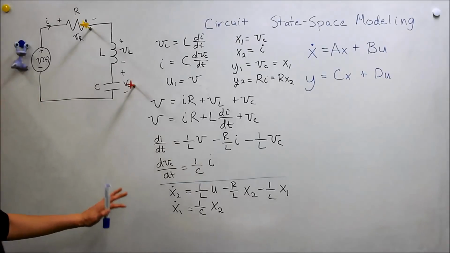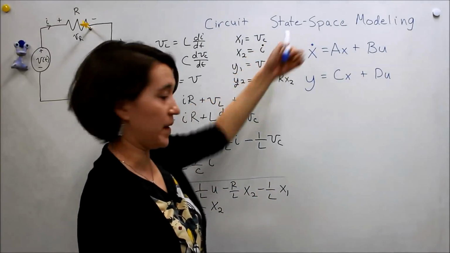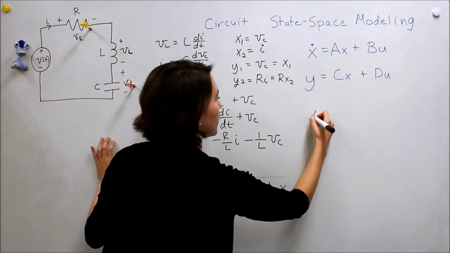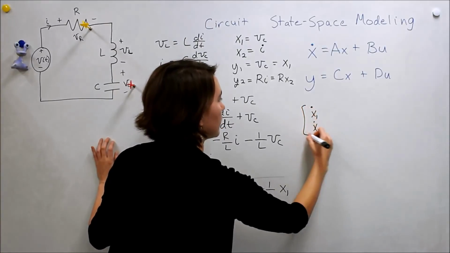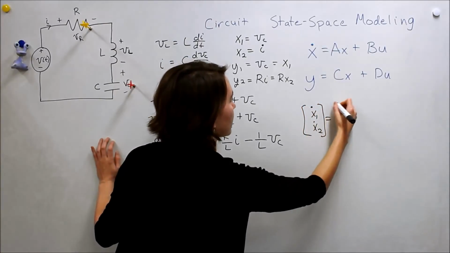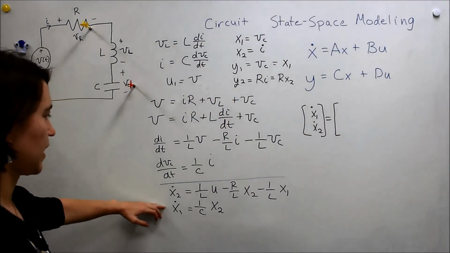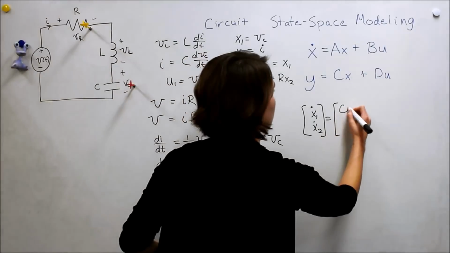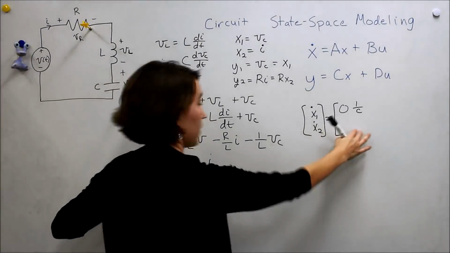Okay, so looking at this, we can now put this into our matrix form over here. So let's move it up over here. But we'll do x1 dot, x2 dot. Now we have to figure out our A matrix. And we can look at this one and see it only relies on x2. So we'll have a 0, 1 over C. And now we're going to fill in this part of the matrix.